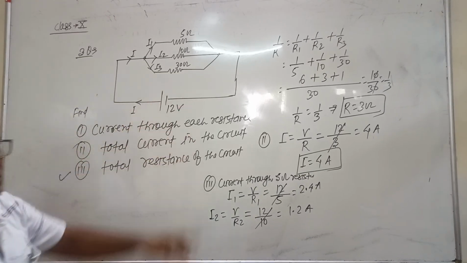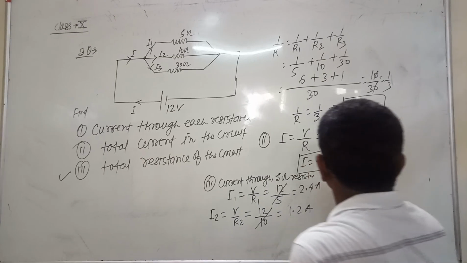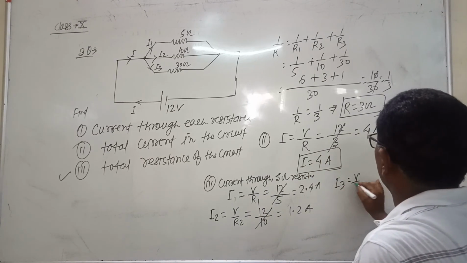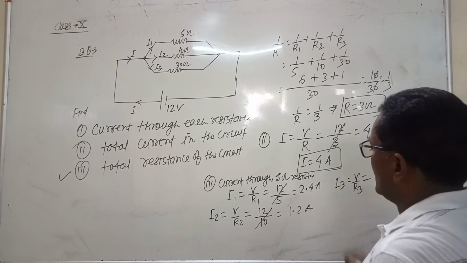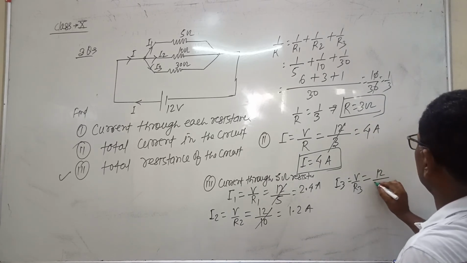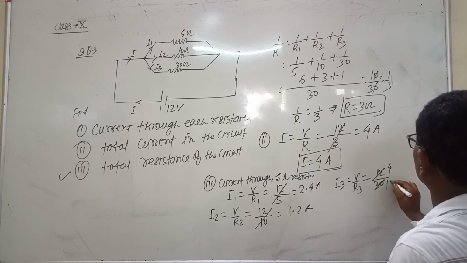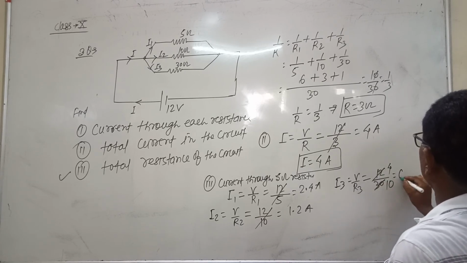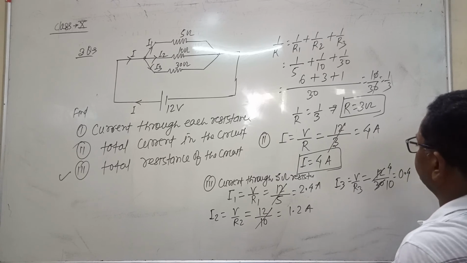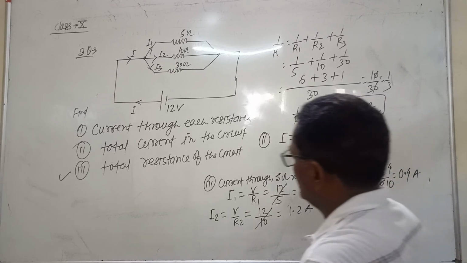And the current through the 30 ohm resistance: I3 equals V by R3, where V is 12 and R3 is 30 ohm. This comes to be 0.4 ampere.